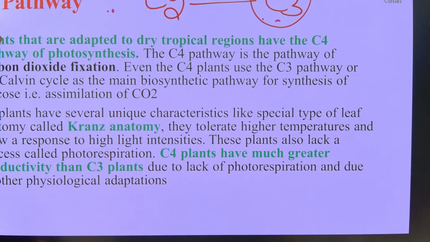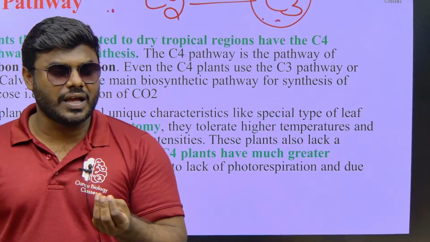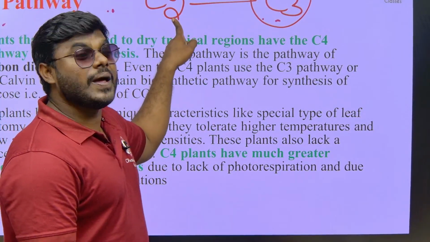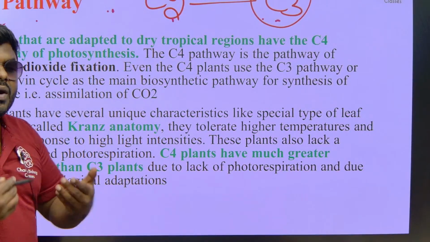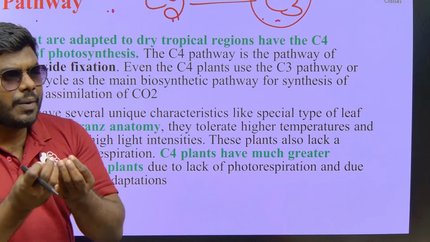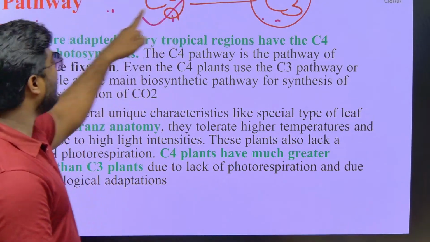Now there are two more pathways, C4 and CAM pathways. In the C4 pathway and CAM pathway, there won't be any C2 cycle. Then you can ask me why? Because C4 plants and CAM plants developed a lot of adaptations, meaning they have developed mechanisms by which they can escape the C2 cycle.